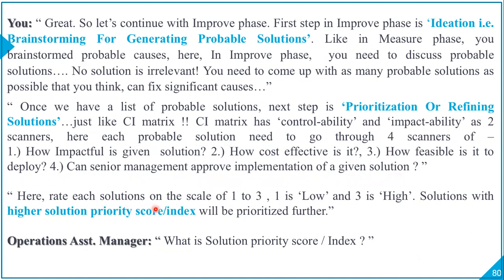Here, rate each solution on a scale of 1 to 3. 1 is low and 3 is high. Solutions with a higher solution priority score or index will be prioritized further. The operations assistant manager asks, what is the solution priority score or index?